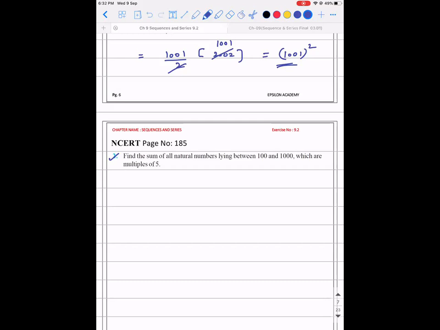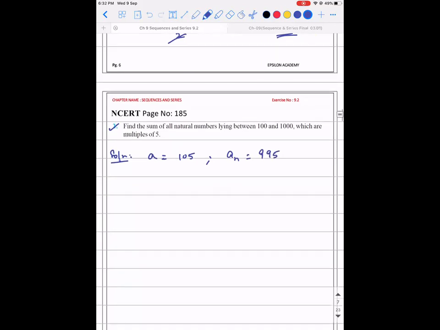So tell me, what will be the starting number? 105. That's right. And the last number that is required will be 995. That's right.